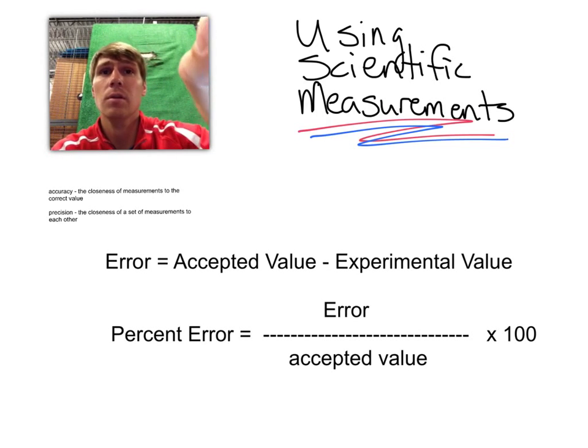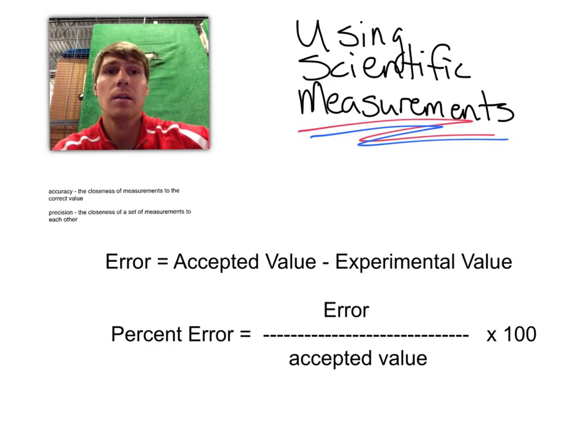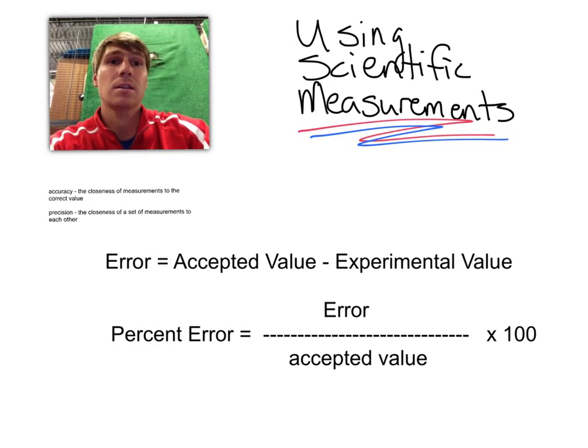The thing that we really want is the percent error. That's the real key number for us, but the error is also going to be another good one. So the error is just the accepted value, and this would be the correct value. And this value is something that you're going to be given. The correct value, or the accepted value, is always a given.